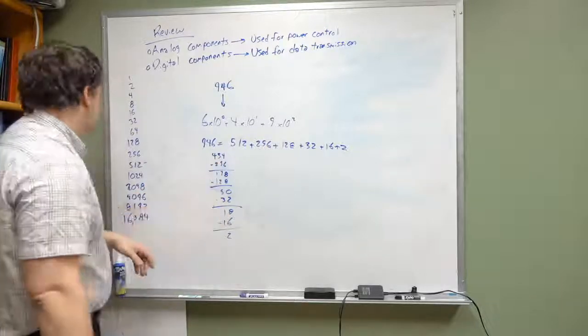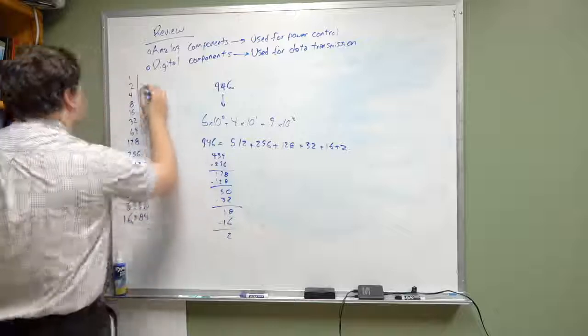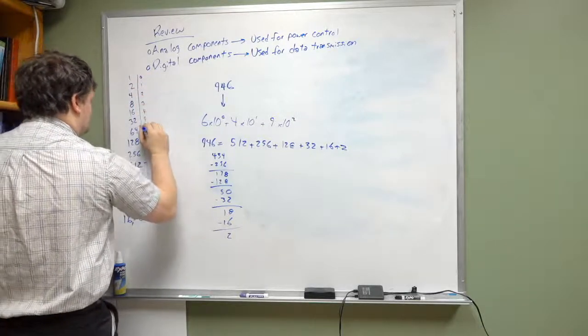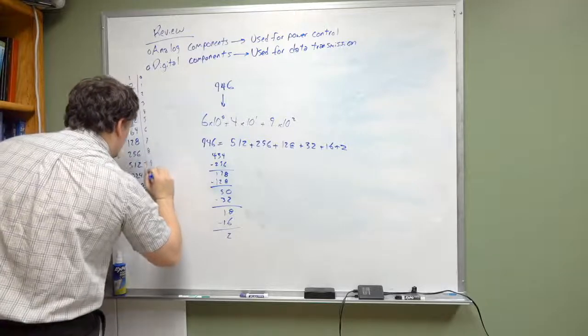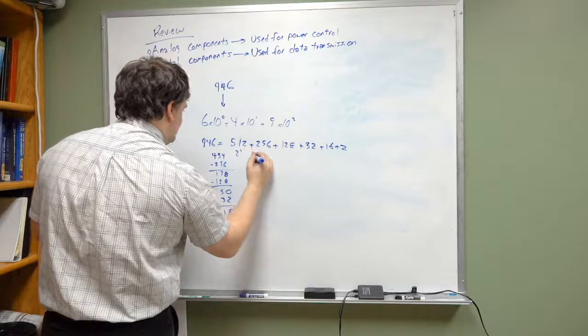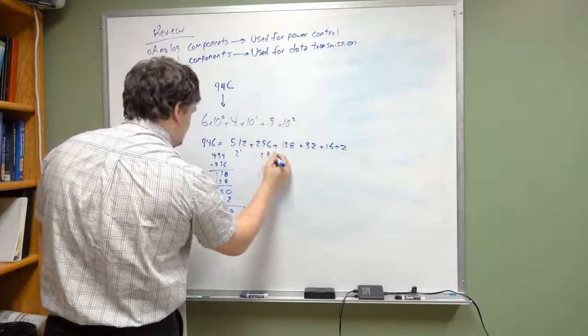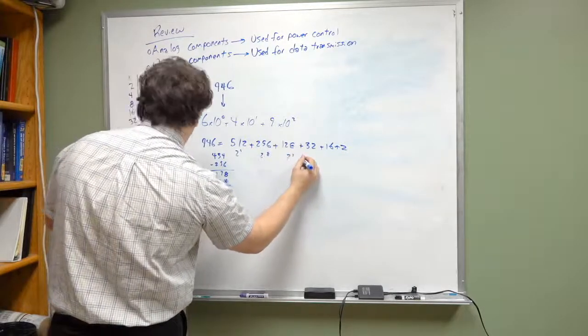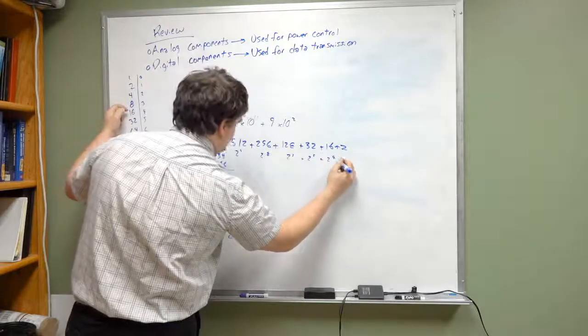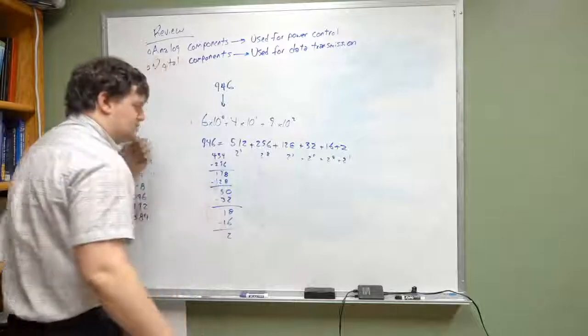And then you go back and look at it and say, okay, this is 2 to the 0th, 2 to the 1st, 2nd, 3rd, 4th, 5th, 6th, 7th, 8th, 9th, 10th. So this is 2 to the 9th plus 2 to the 8th plus 2 to the 7th plus 2 to the 5th plus 2 to the 4th plus 2 to the 1st.